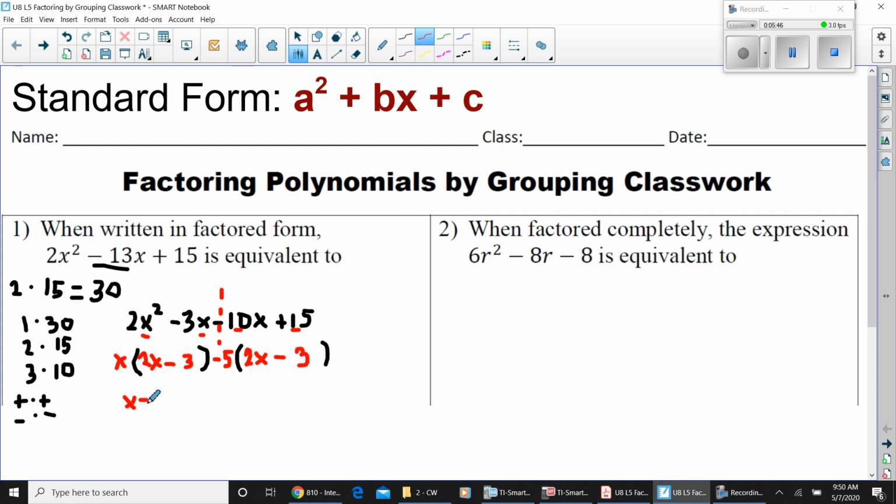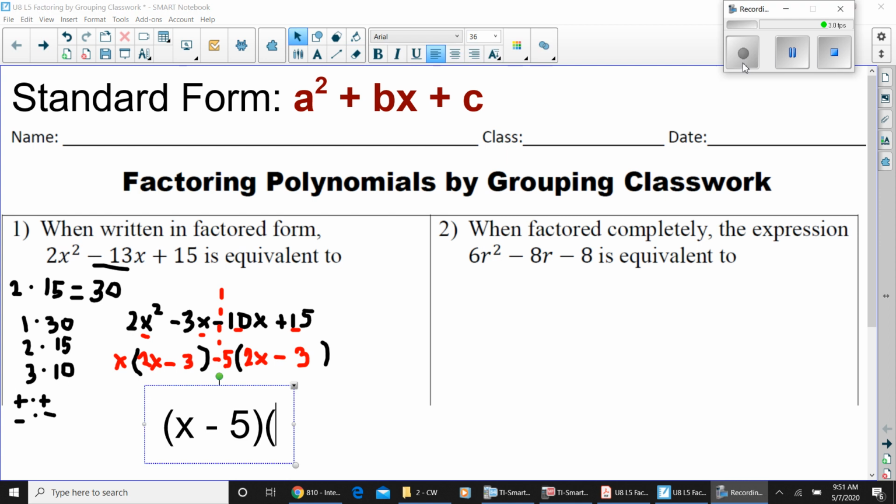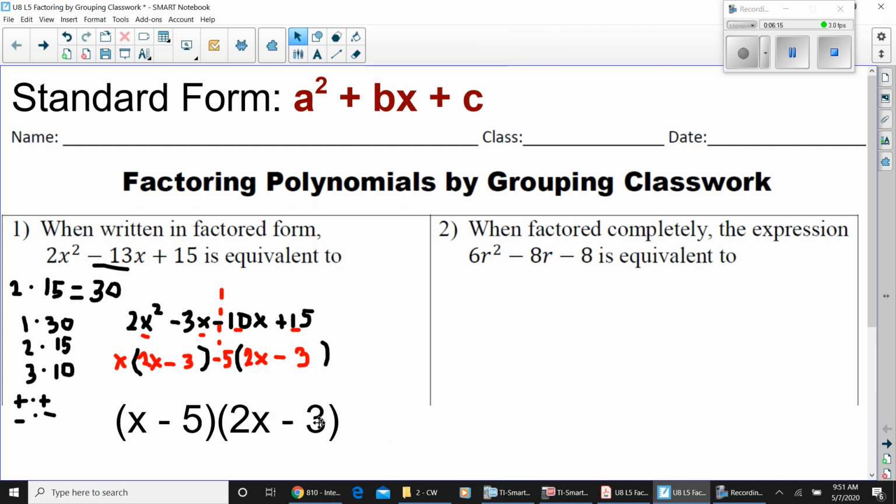Take the two terms that are outside the parentheses, put them together in a binomial. And then you take the binomial inside the parentheses, and that would be it. Your answer.